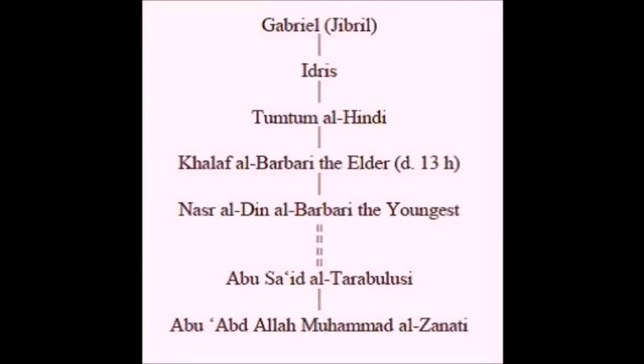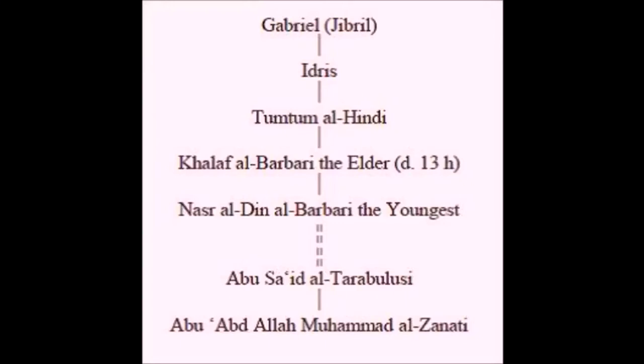The legacy of this wise man was unknown until the arrival of Khalaf al-Barbari the Elder, a contemporary of the Prophet Muhammad. Khalaf al-Barbari had studied it in India for 120 years and then wrote a book which he bestowed upon his disciple Nasruddin al-Barbari the Young, before dying in year 13 of the Hijrah at the age of 186 years.